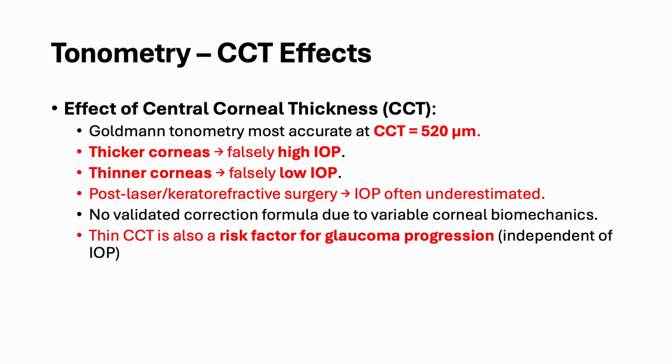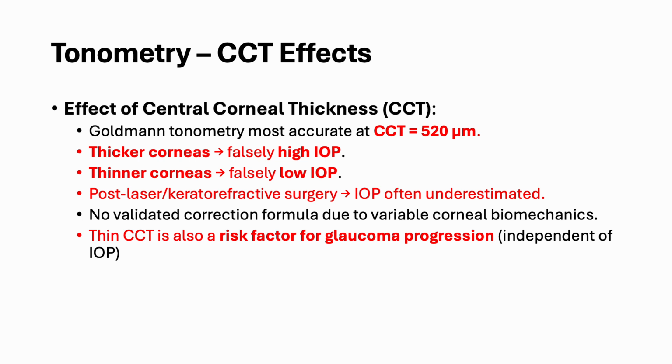This becomes especially important after keratorefractive surgeries like LASIK, which thin the cornea. These patients often have normal-appearing IOPs that are actually underestimated. It's worth noting that we don't have a validated correction formula for corneal thickness because biomechanical properties vary between individuals. But even beyond measurement error, a thin cornea itself is an independent risk factor for glaucoma progression.